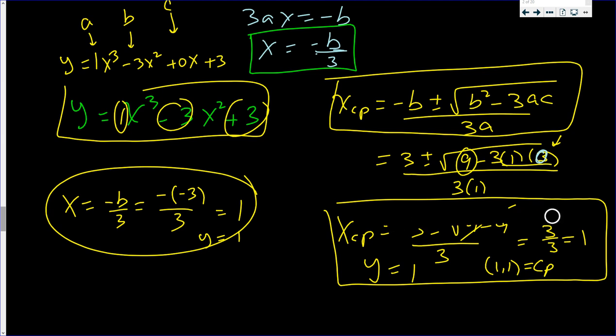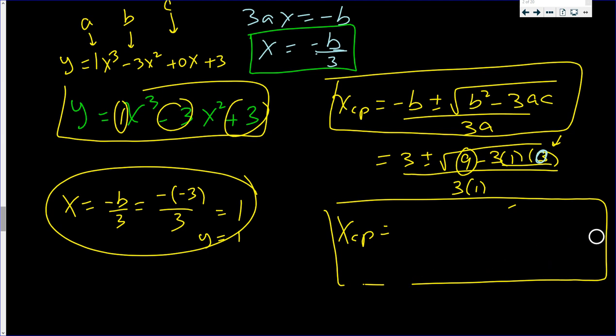So the formula does work. You just have to use it correctly. So x, the critical point, is 3 plus or minus the square root of 9, because 3 times 1 times 0 is 0, over 3 times 1. Well, this is 3 plus or minus 3 over 3.